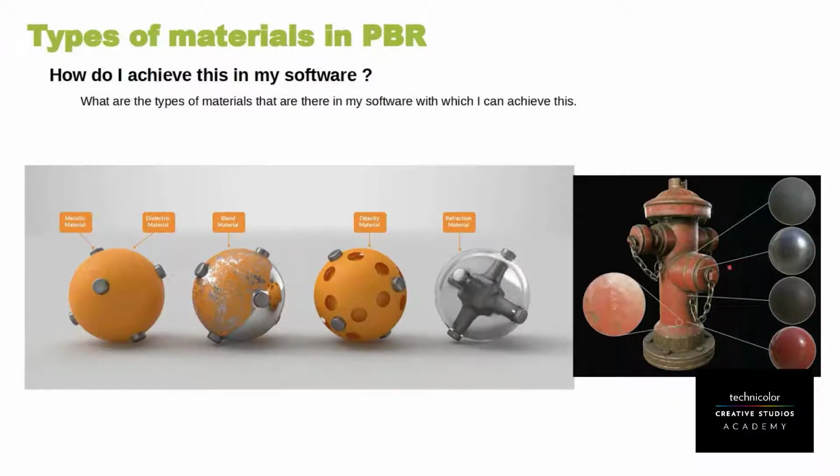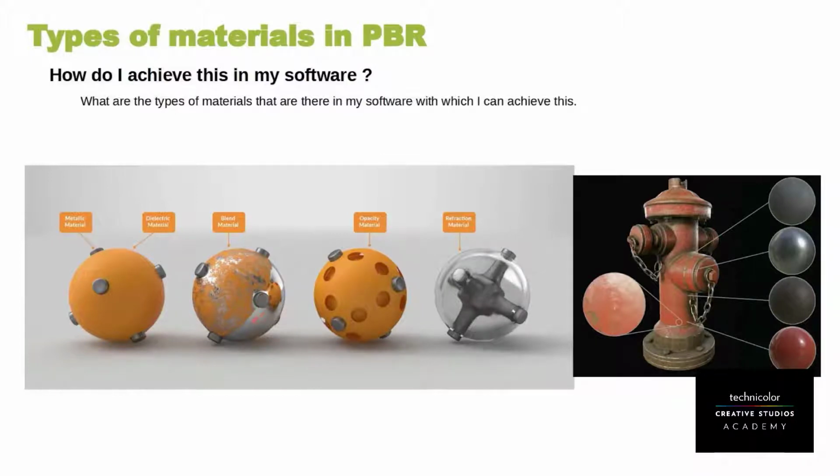Some of you may be wondering what a conductive material may be. In PBR shading, we have many different types of materials. If you look at this first image, you're going to see two different types of materials in this one sphere. One of them is very much driven by its color, which is orange, and the other one is more driven by its specularity. This is slightly more understandable in the second image.